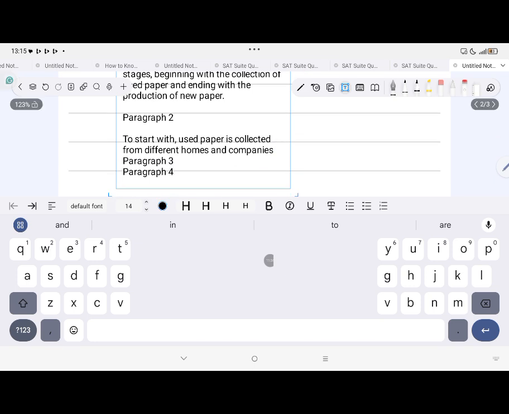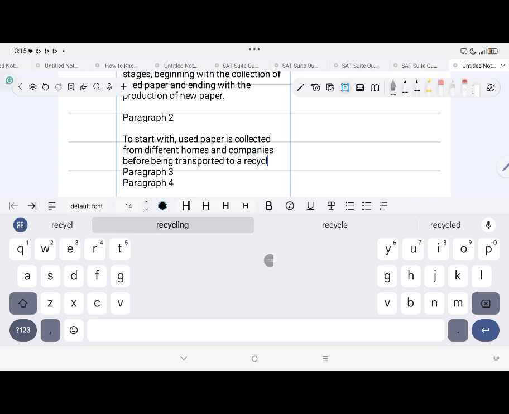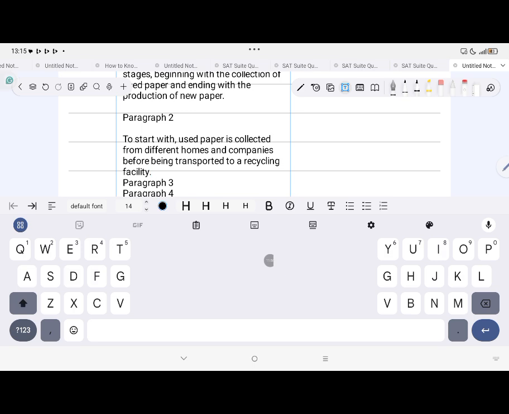So to start with, used paper is collected from different homes and companies before being transported to a recycling facility. You see that's in that sequence word, before. So that's like two stages in the process.